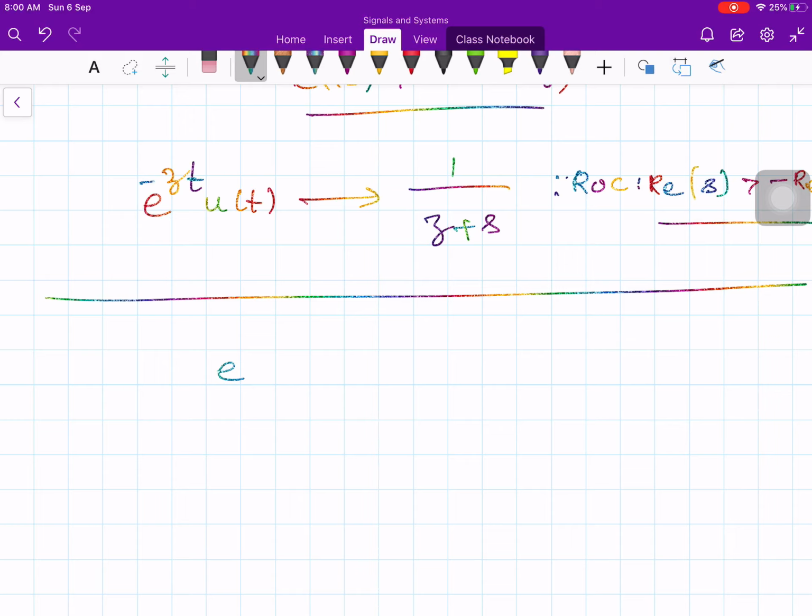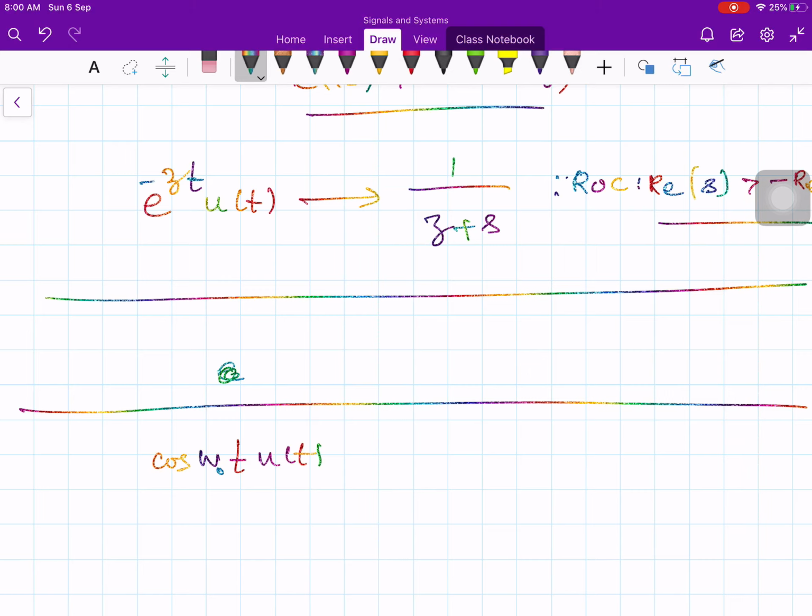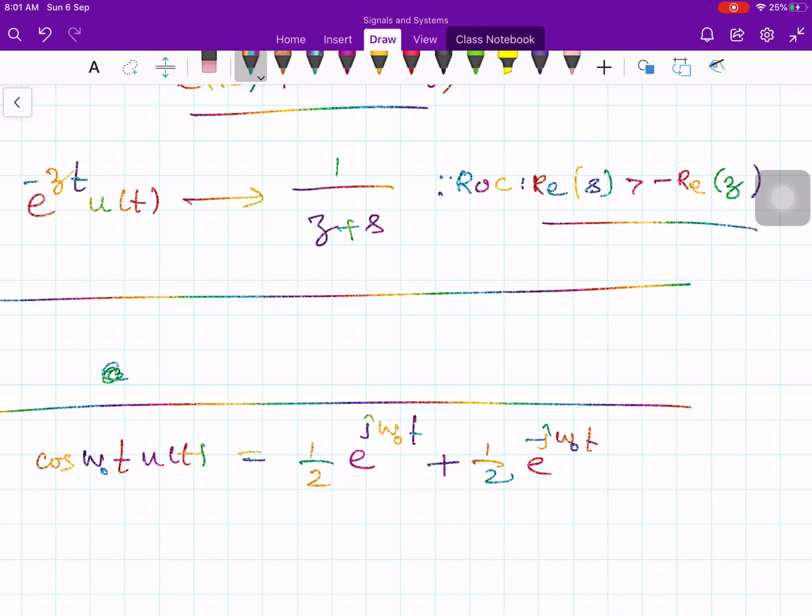So once we have this relation, we can find out the Laplace transformation of trigonometric functions. Like if I have cos omega naught t times u of t, then this can be written as 1 over 2 e to the j omega naught t plus 1 over 2 e to the minus j omega naught t, u of t plus 1 half e to the minus j omega naught t and u of t.